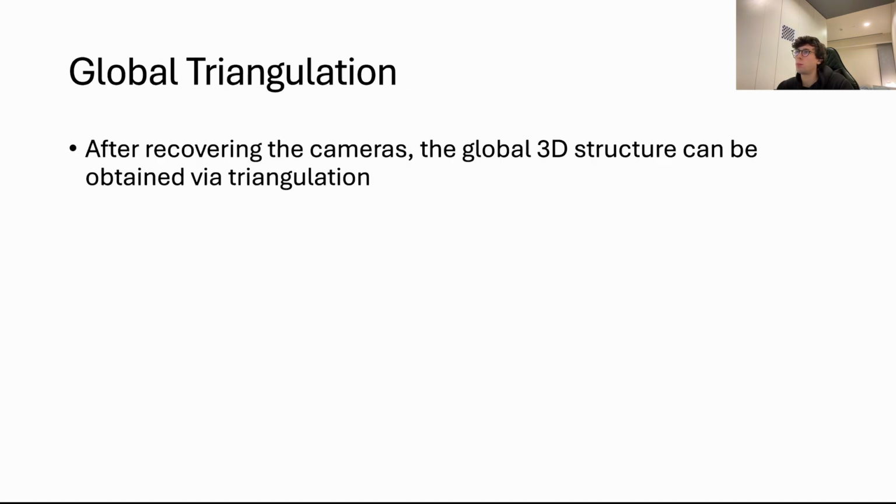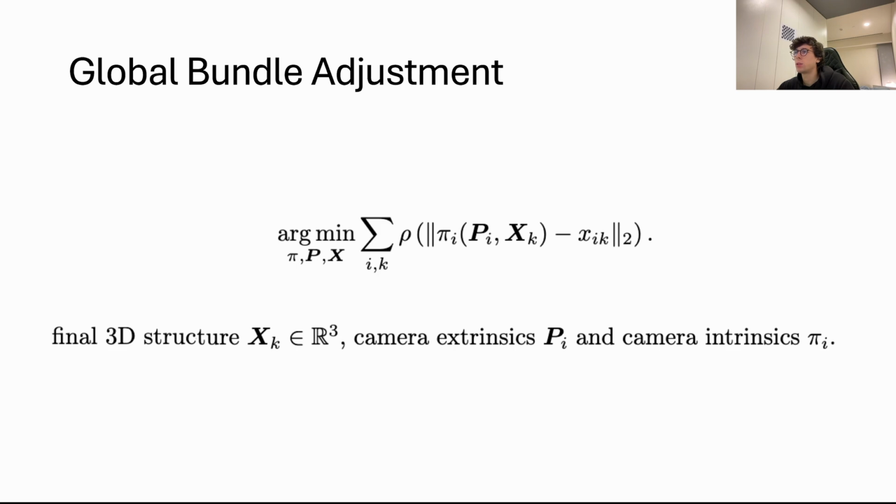And then, okay, we have global triangulation. So after recovering the cameras, the global 3D structure can be obtained via triangulation, and this is a pretty straightforward step. And then of course, they still have to do global bundle adjustment, because the initialization is good, but usually performing global bundle adjustment improves the final results a lot.